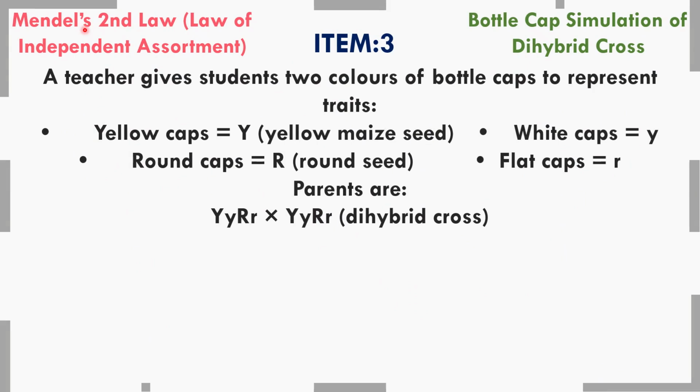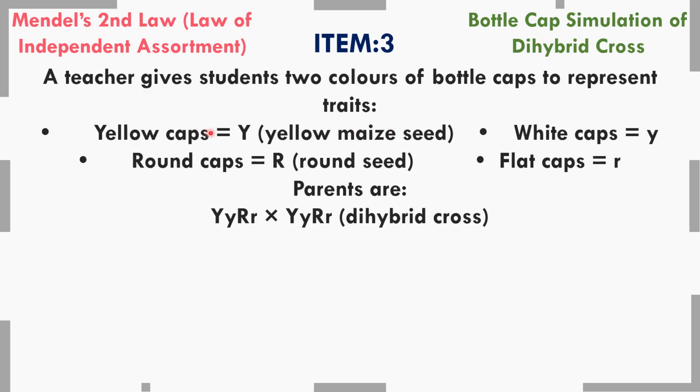Let's now look at Mendel's second law, the law of independent assortment. We shall use the bottle cap simulation of a dihybrid cross. Item 3. A teacher gives students two colors of bottle caps to represent traits.